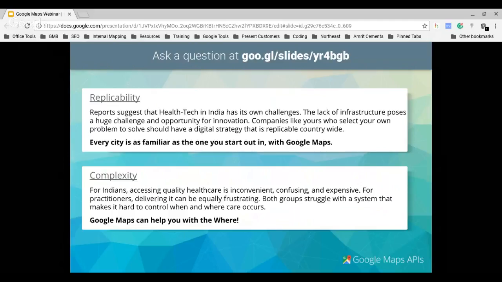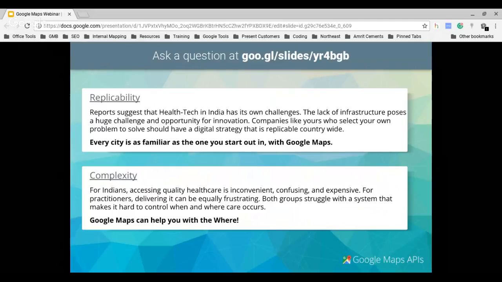Every city is as familiar as the one you start out in with Google Maps, right? So if you have a viable business in Gurgaon right now, you can scale it up to Pune as well, even if it's an unknown territory, by just using Google Maps for all of your operational visibility, right? So that is somewhere that Google Maps can help add value.